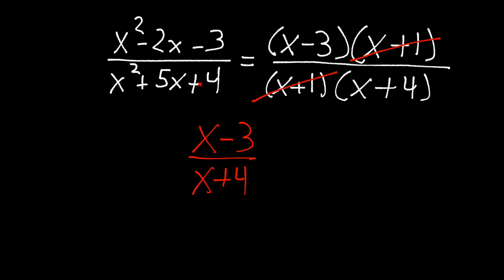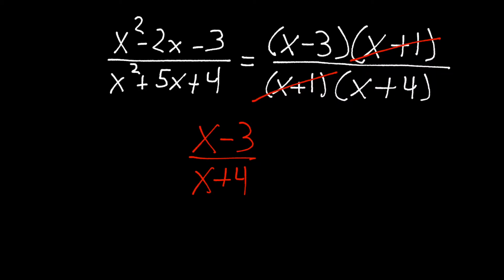Because I have x's in the denominator, we have an issue of possibly creating 0 in the denominator. Are there any values of x that are going to make this equal to 0? And we look at the factors to figure that out. If I put a negative 1 into this factor, it would become 0, which would then multiply by this and be 0.